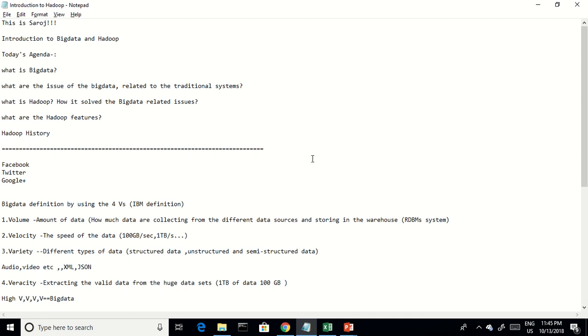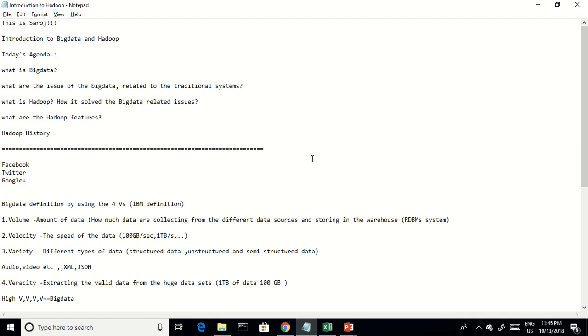The remaining 30% of the work will be done by the developers as well as the admins. The administrators will facilitate the infrastructure to the developers, and the developer will develop the logic to extract business meaningful information out of the big data.